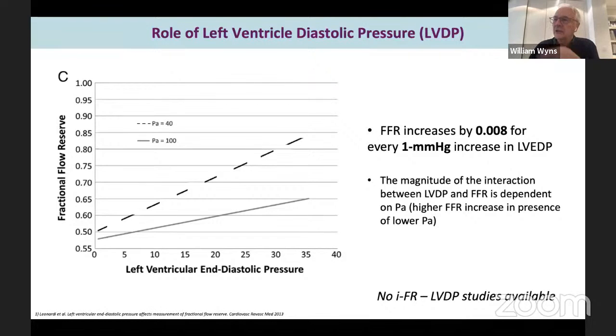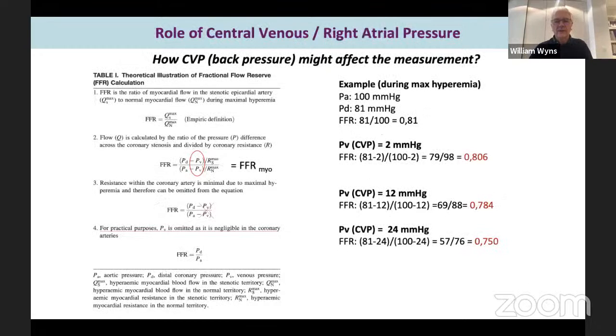Now, in practice, we don't have left ventricular diastolic pressures when we're measuring FFR. So what we're using as a surrogate is the right atrial pressure, correct? So what is known about that? I have to remind you of one thing that we didn't address last time.